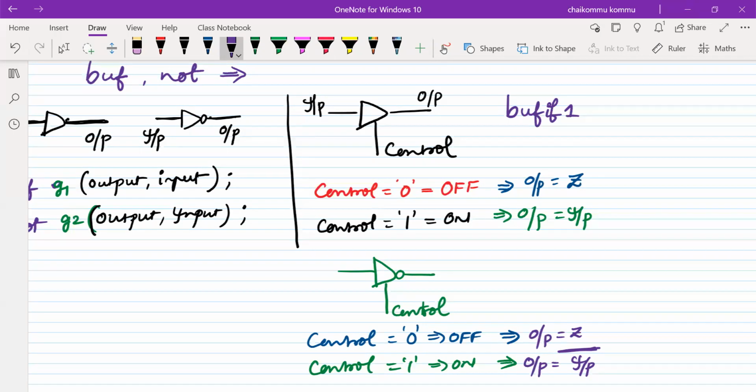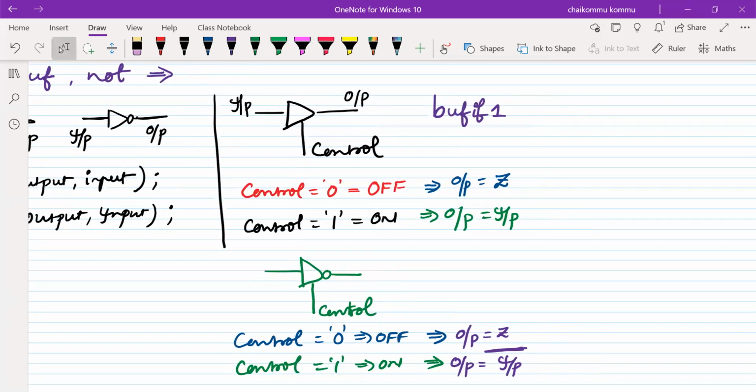So what is the syntax for this one? That we should know. The syntax is the gate type, then the name of the gate, for example G1. First I need to write the output signal. Next we have to write the input signal. Then we have to write the control signal. So this is how we need to write. I hope people are understanding this.